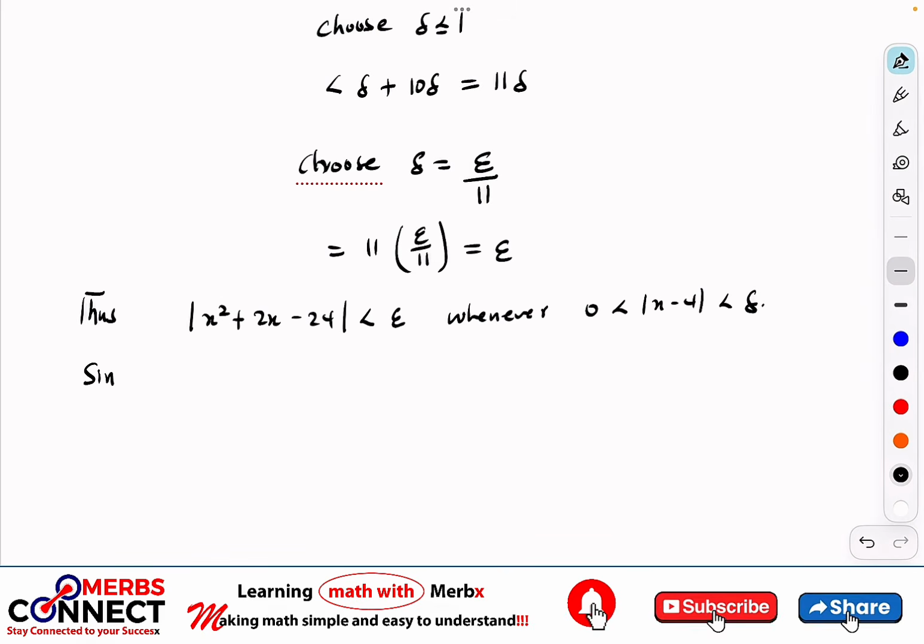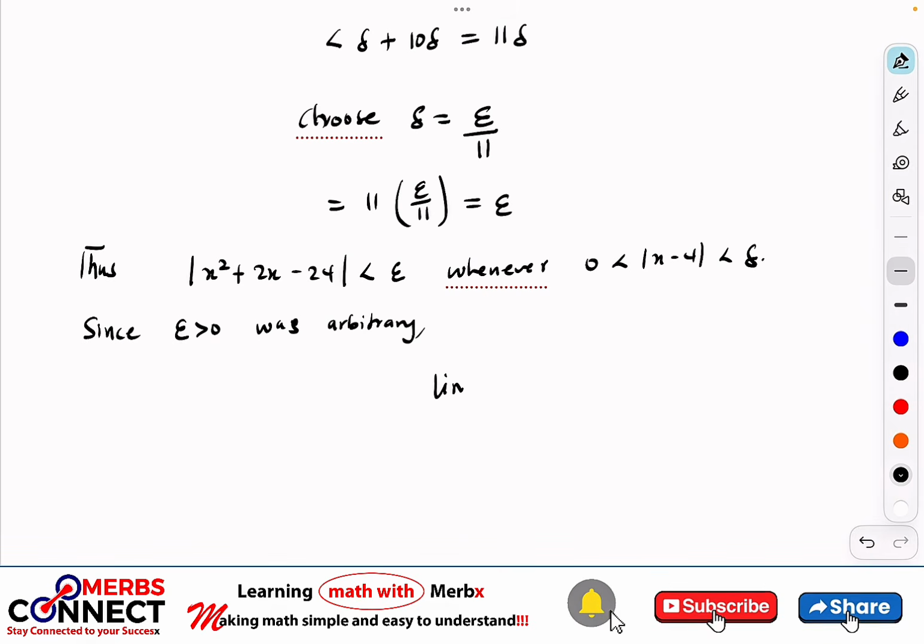So since epsilon greater than 0 was arbitrary, then the limit as x approaches 4 of x squared plus 2x is equal to 24.